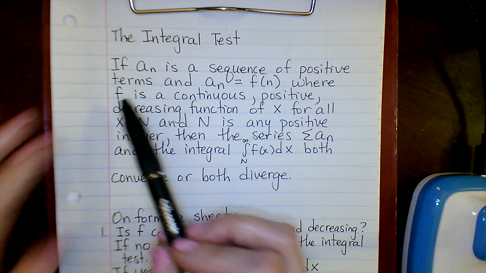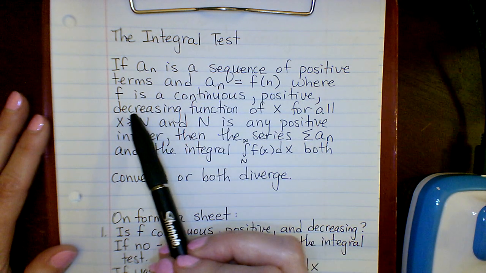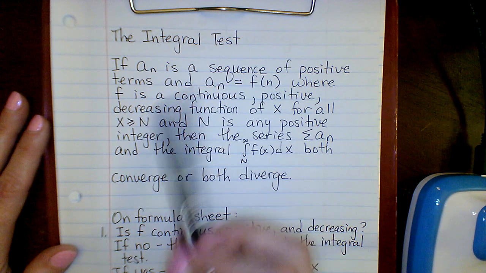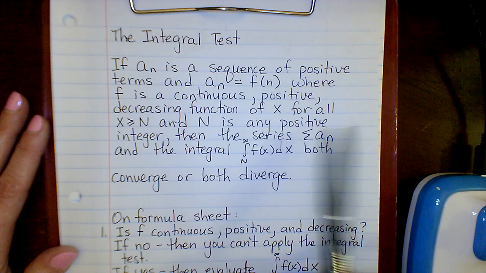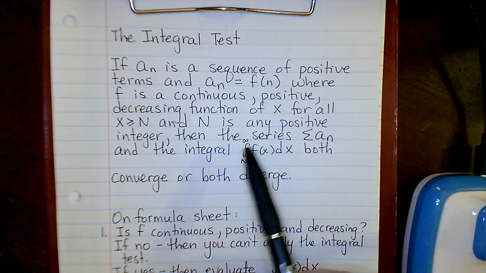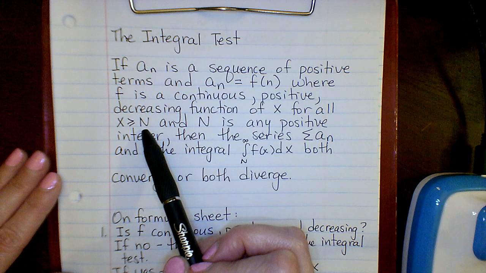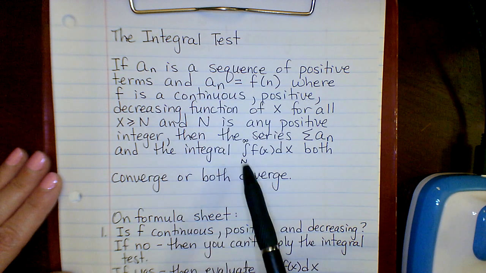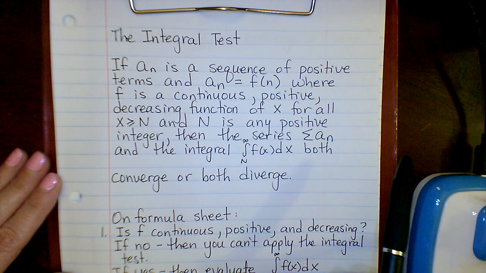Now, f, the function, is going to need to be continuous, positive, and decreasing in order for this all to work. Okay? And it's going to need to be this positive, continuous, decreasing function of x for all x greater than or equal to n, where this n is going to be the lower bound of our improper integral. Okay?